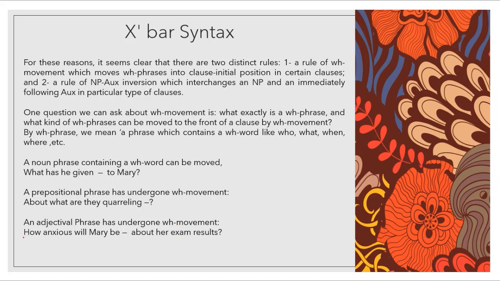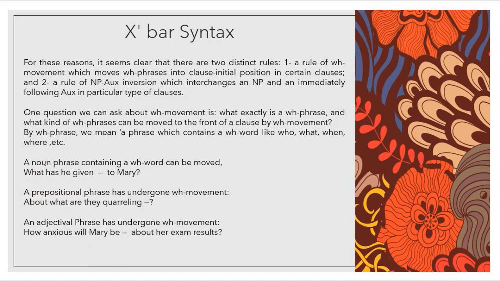For example, how anxious will Mary be about her exam results? So how anxious was here and it moved to the initial position. Will Mary changed position, they swapped between them.